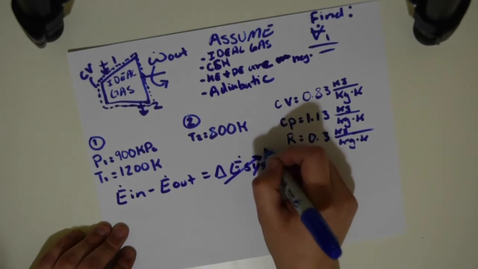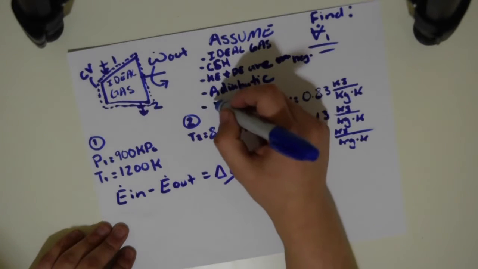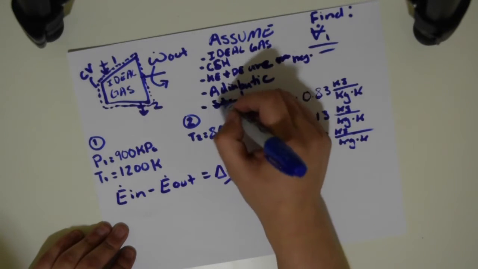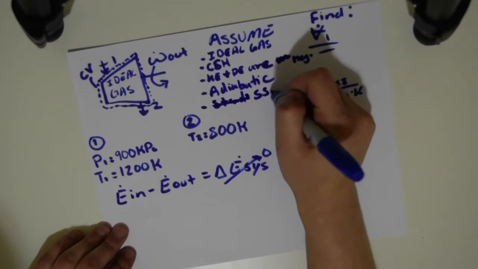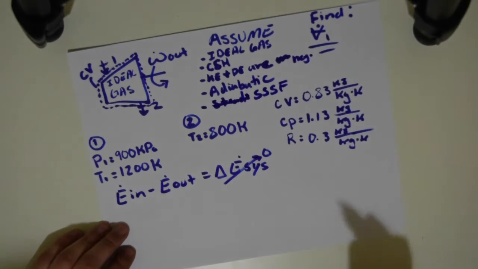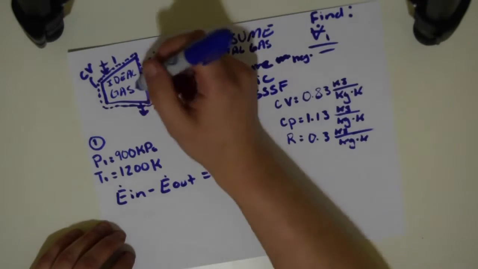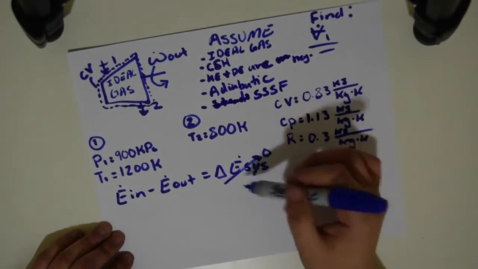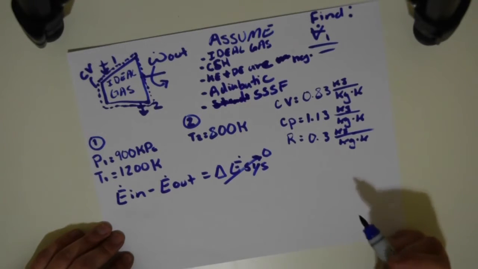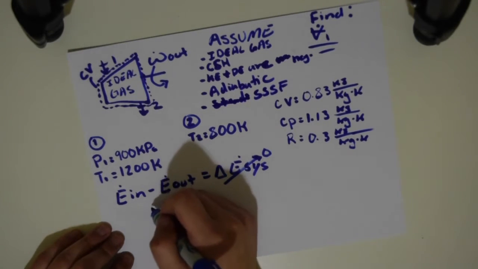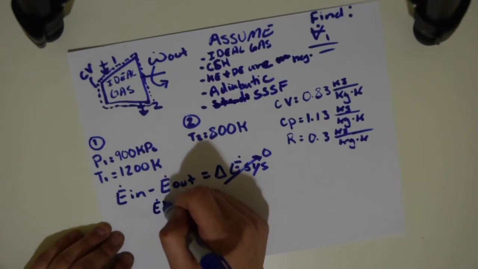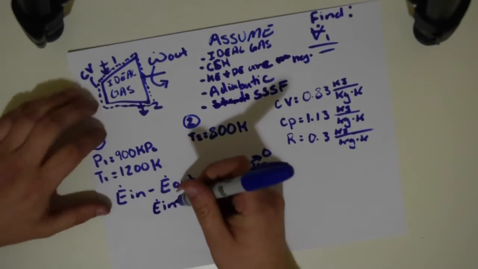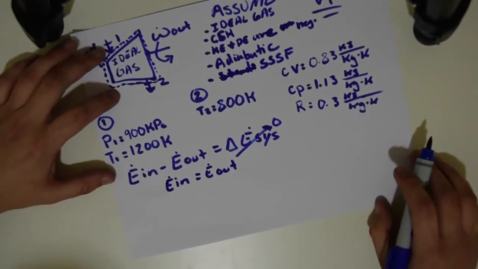This always goes to 0 because this is a steady state flow system, meaning that the energies at any point within this turbine will always remain constant. So just subtracting them would be 0. So then this goes to E dot in equals E dot out.